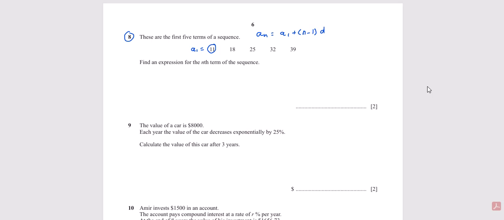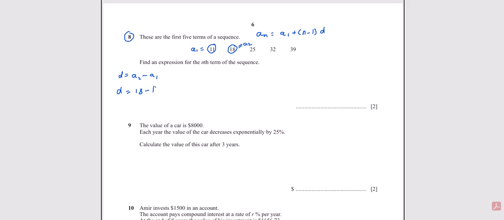How we find d? First of all, write the formula of d. D is equal to a2 minus a1, means that second value minus first value. So d is equal to 18 minus 11, that is equal to 7.